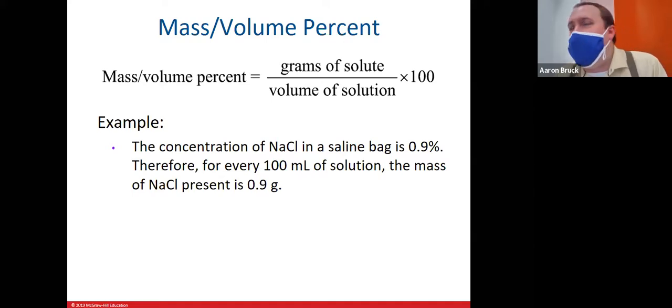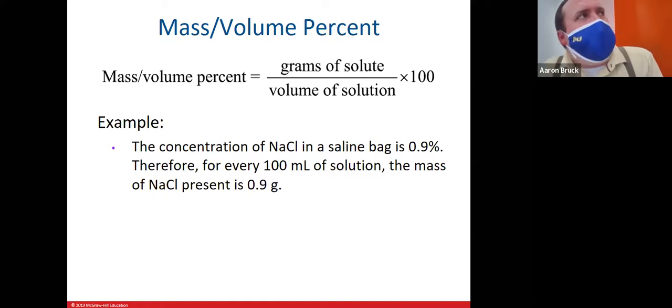Now, that is not a volume because sodium chloride doesn't have a volume to speak of. It's not a liquid. And it's not a mass percent either, although it probably could be. Those kinds of things are usually weight by volume or mass by volume.